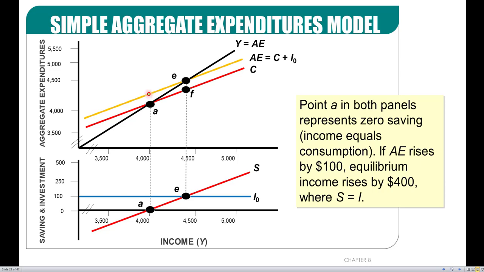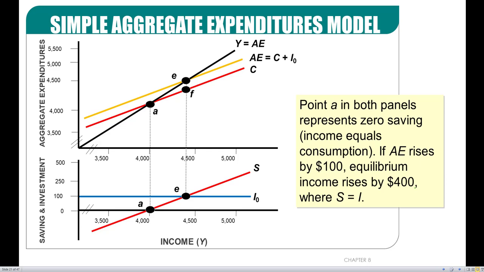And you notice that our ending point had us having $4,400 of aggregate expenditures and $4,400 of income. So how did a $100 increase in investment cause a $400 change in spending and income? And that's going to be a very big portion of what we need to take a look at in the next few videos as well.